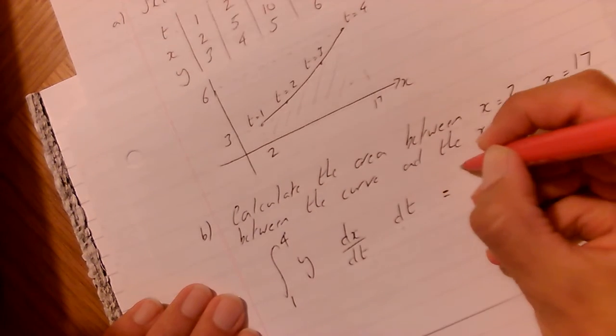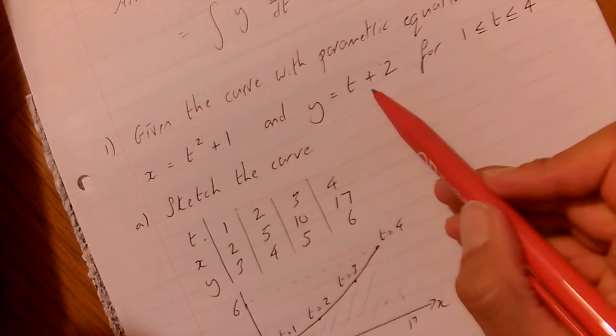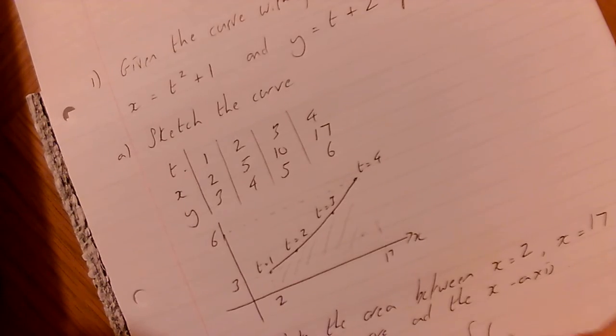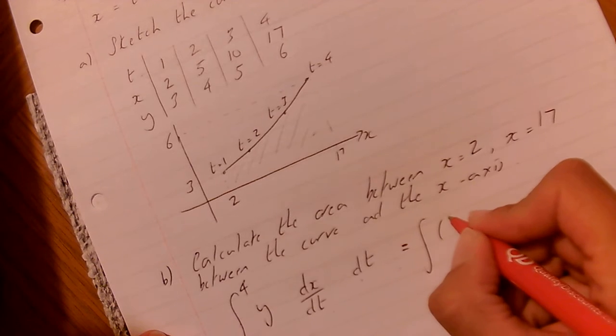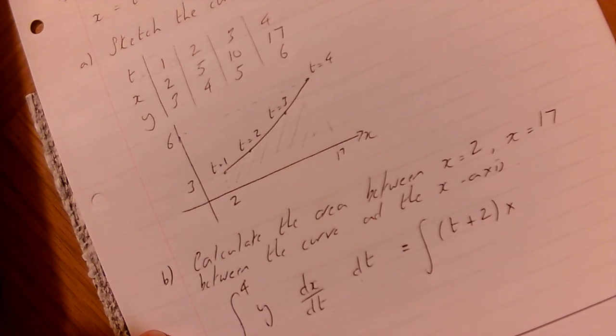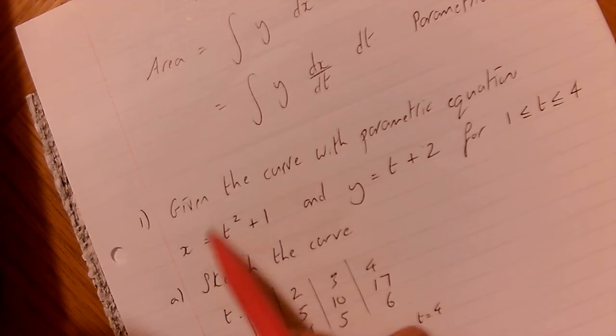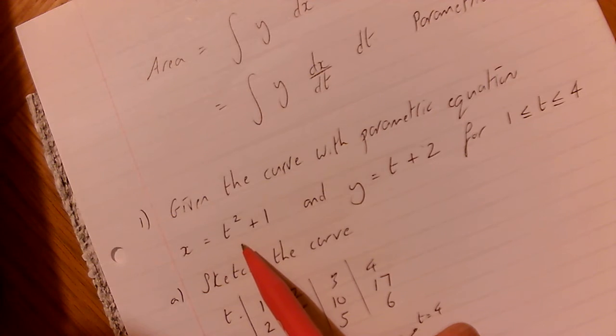Okay, that's the plan. So the y equation was t add 2. I'm going to put it in a bracket just here, t add 2. I'm going to be multiplying it by dx by dt. So dx by dt, this differentiated, is just 2t.